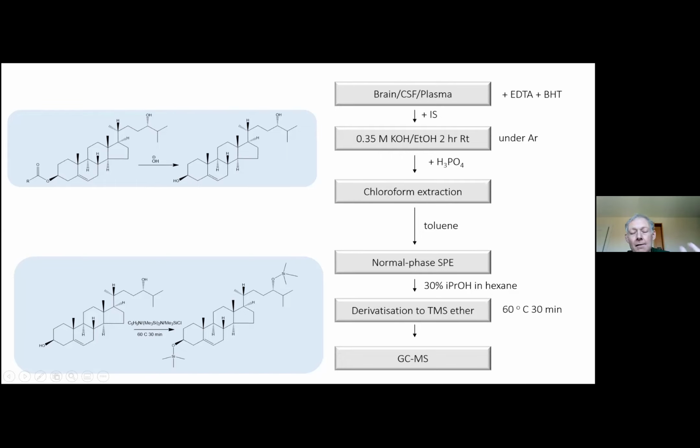So they've got a fraction now which is free from cholesterol, so they remove the problem of further autooxidation. They then do derivatization. They derivatize the hydroxyl group to trimethylsilyl ethers, and then they run GCMS.